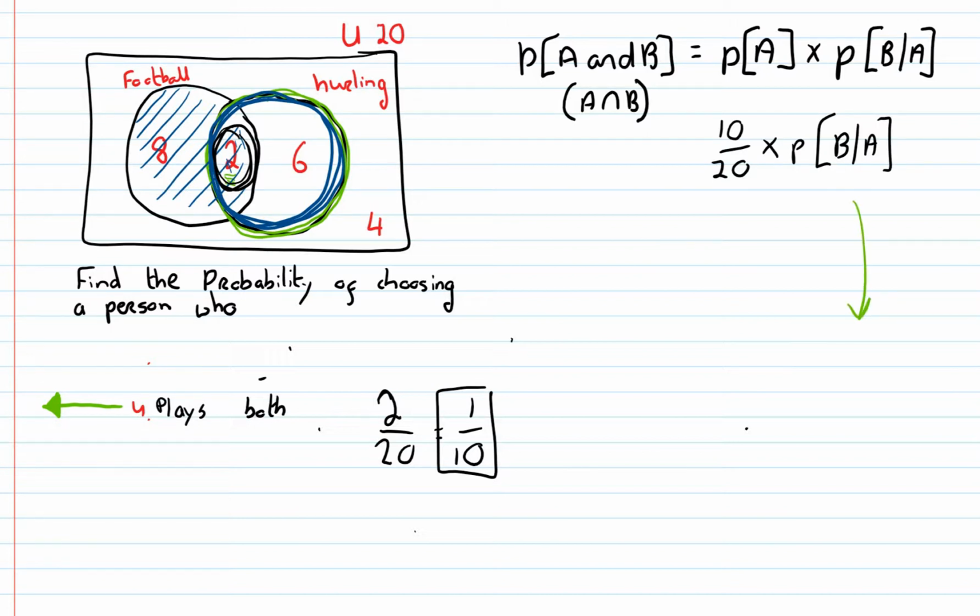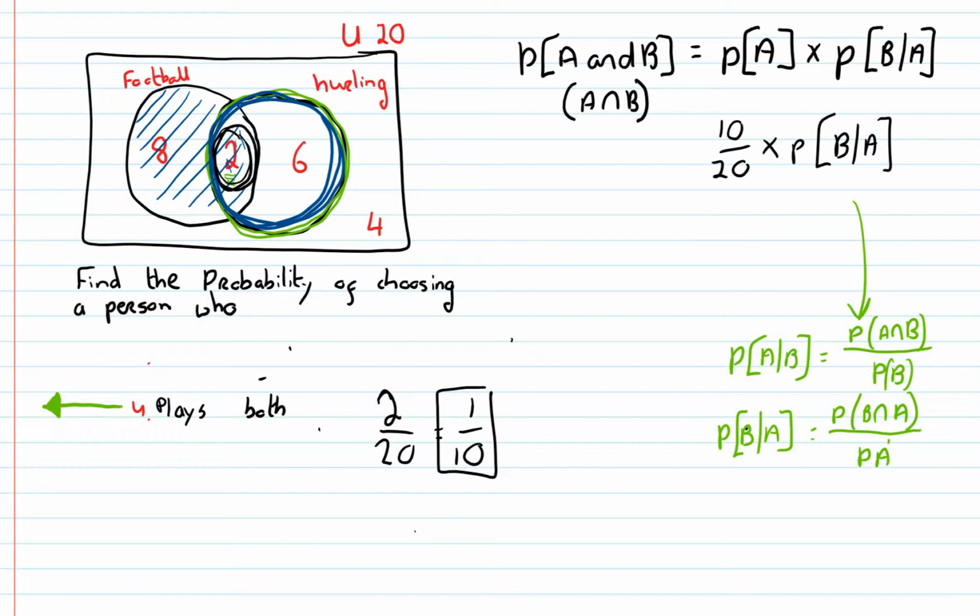Well, on the last question, the probability of A given B, we said, was the probability of A intersection B over the probability of B. So likewise, the probability of B given A will be the probability of B intersection A, which is the exact same as A intersection B, all over the probability of A. So let's find out what that is.